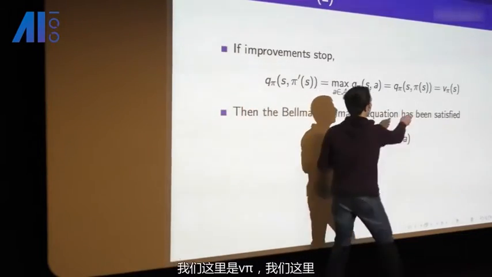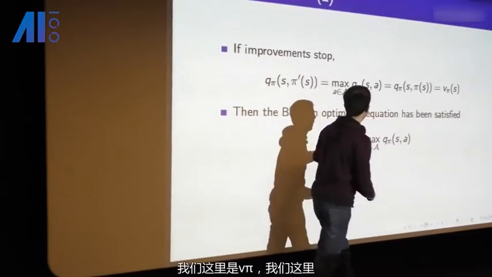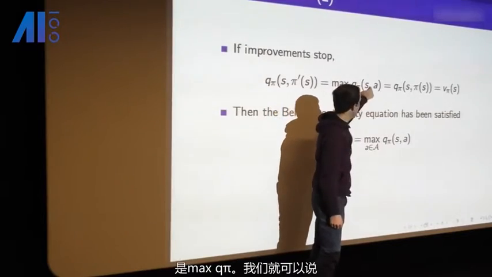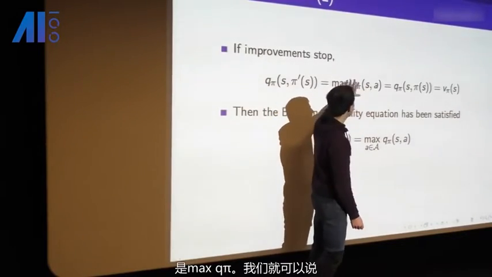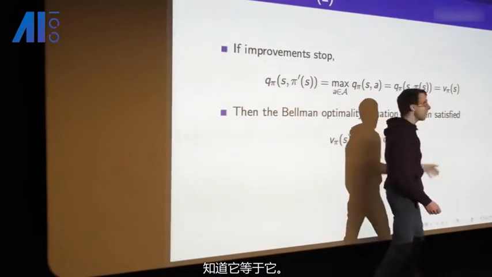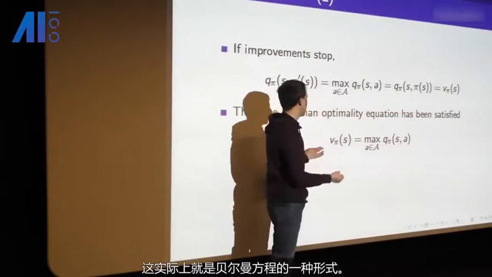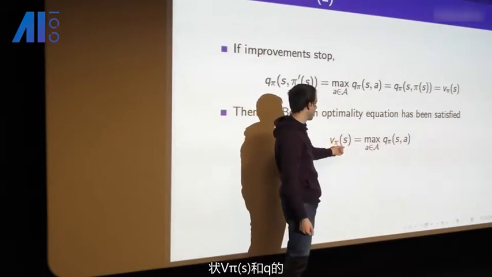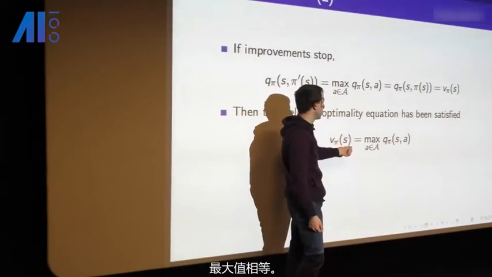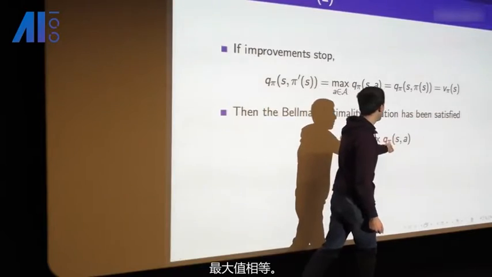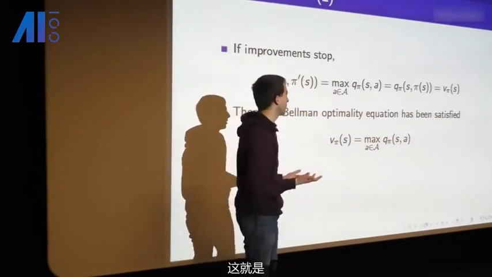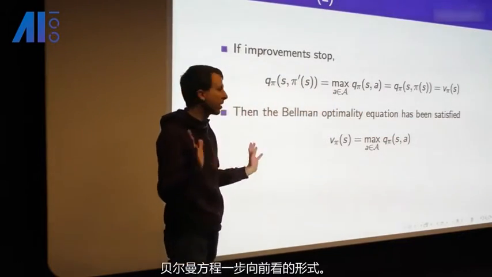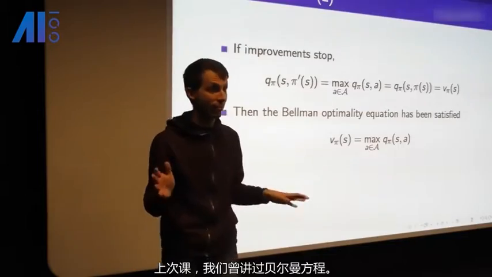So we've basically got v pi here, and we've got the max q pi here. We've said this is equal to this, and that's one form of the Bellman optimality equation: the value of state S is equal to the maximum over the q values. That's the one-step look-ahead form of the Bellman equation that we saw in the last lecture.